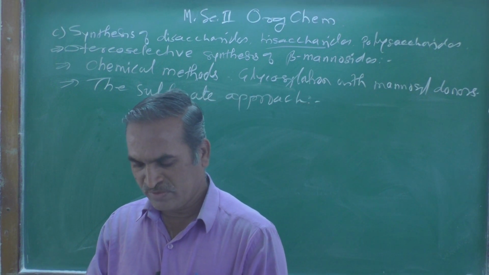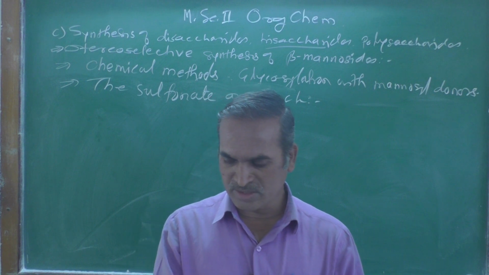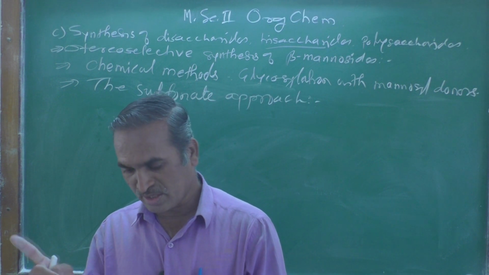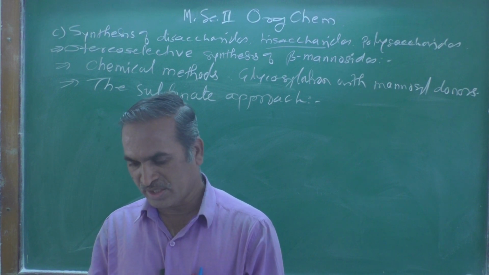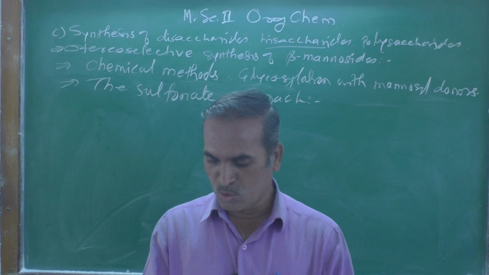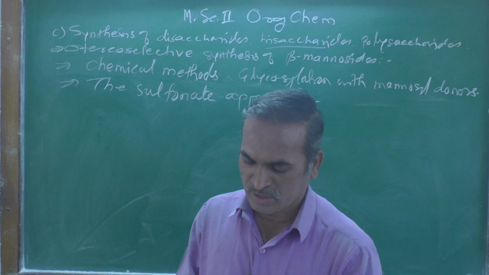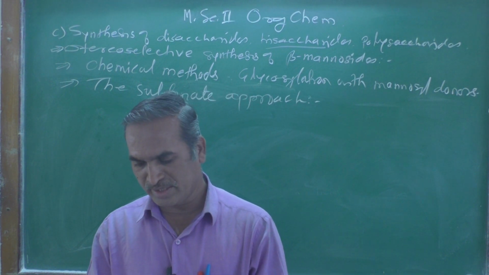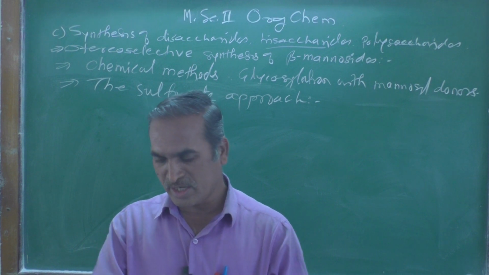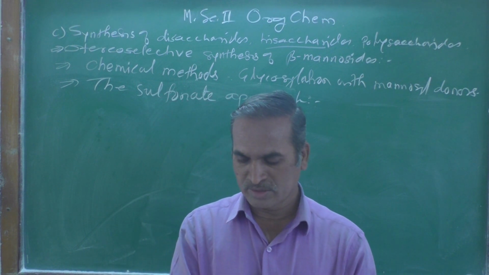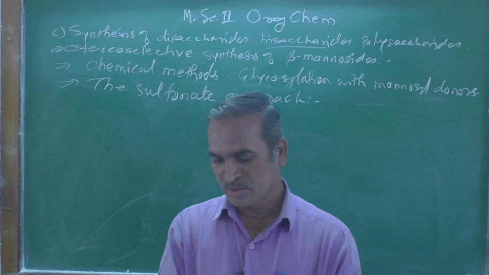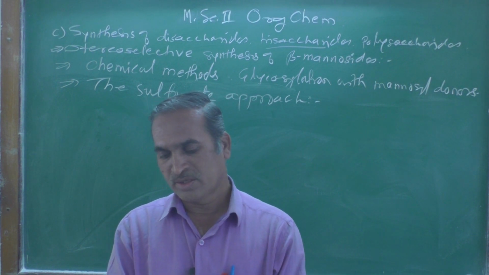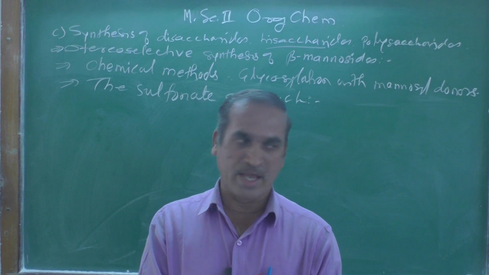And in the first step of this approach, mannofuranose structure number 18 is treated with Tf2O to afford the anomeric triflate, that is structure number 19, and this is converted in situ to the bromide, structure number 20, by Bu4NBr.